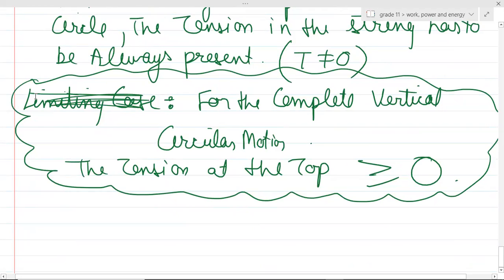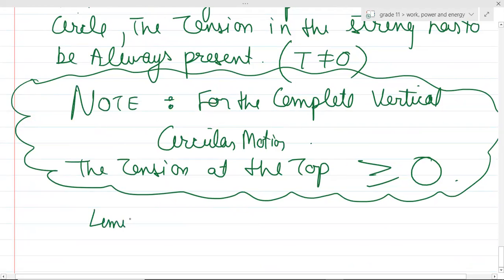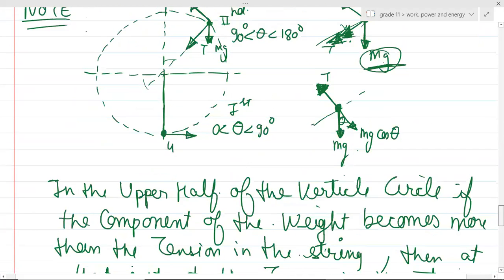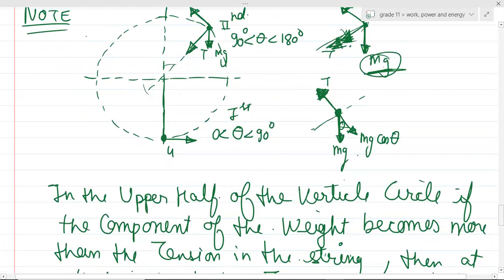So in spite of writing the limiting case over here, you can just write it as a note. Limiting case will be... Let's try it from the beginning. Have you done it till here? Guys, is this concept clear? Why does the tension at the top have to be always there? The minimum case is basically the tension being zero at the top.